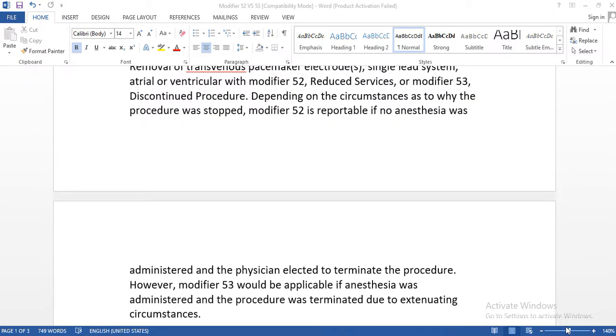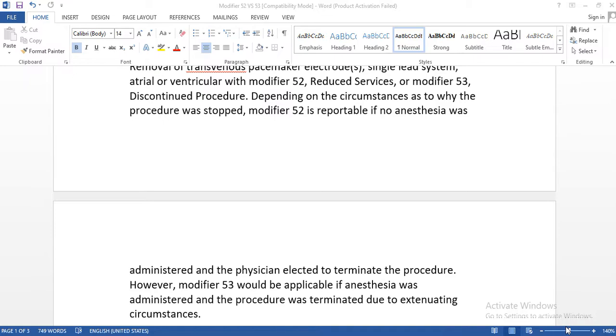Depending on the circumstances as to why the procedure was stopped, modifier 52 is reportable if no anesthesia was administered and the physician elected to terminate the procedure. So if no anesthesia is performed, we can use the 52 modifier.